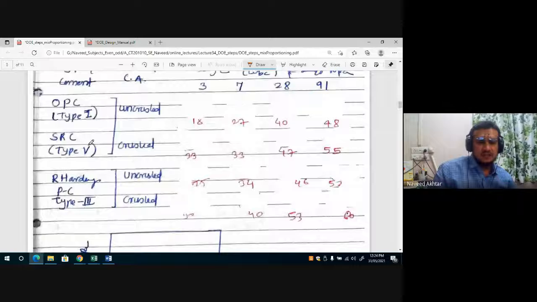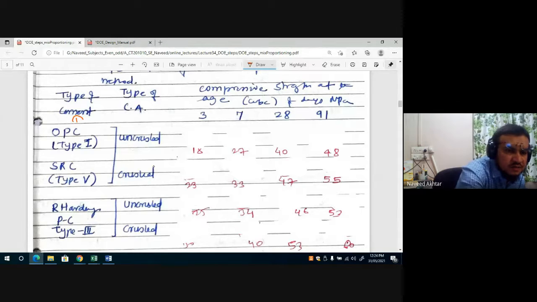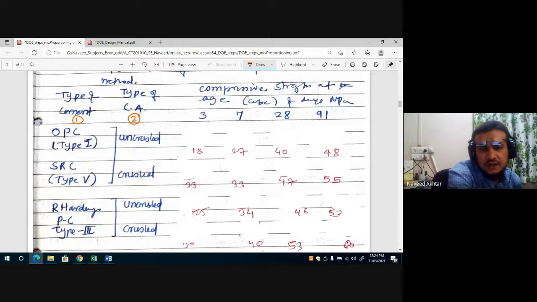You can see here table number 2. Column number 1 is the type of cement. Column number 2 is the type of coarse aggregate. And column number 3 gives the compressive strength at different ages: 28 days, 7 days, and 3 days.